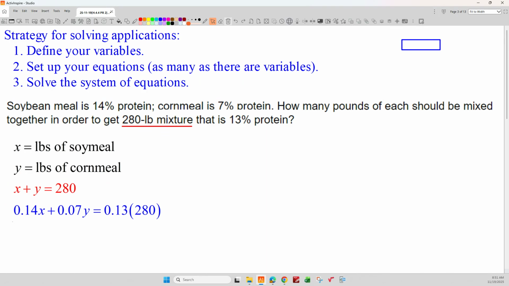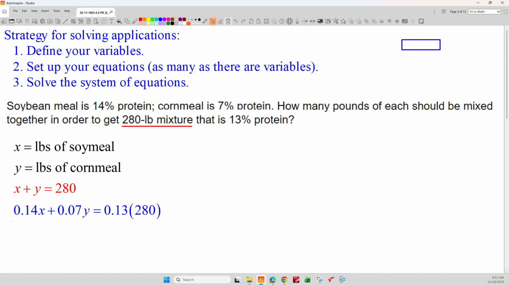What does the 0.14x represent then? Not the percent of protein. I get it, 14 is the percent, but that product of 0.14 times x, what does that represent? You're so close. I understand why people would say it's a percentage. It's the amount of protein that's coming from the soy meal, because 14% of the total soy meal is protein.